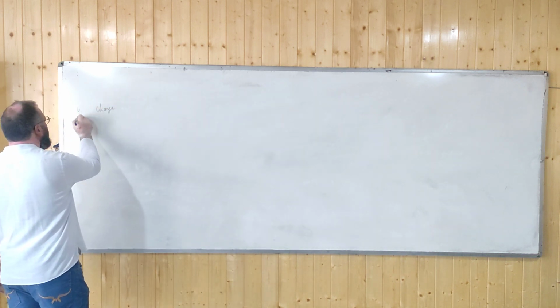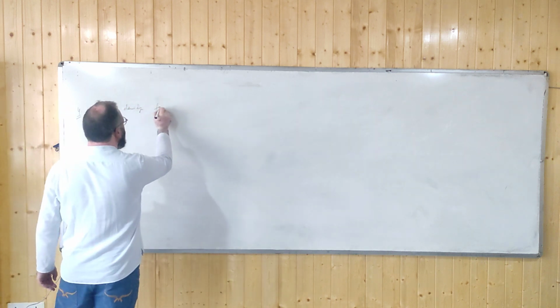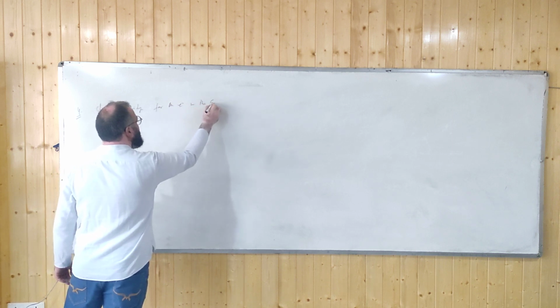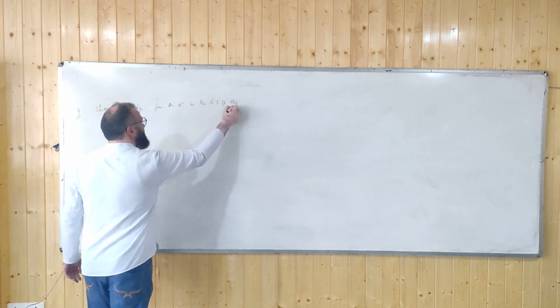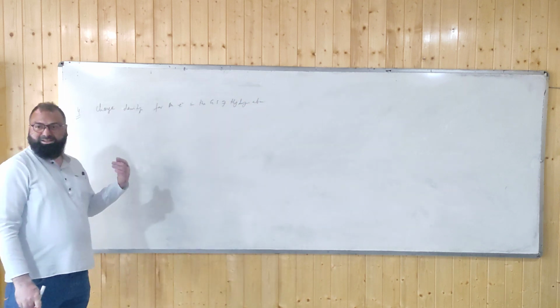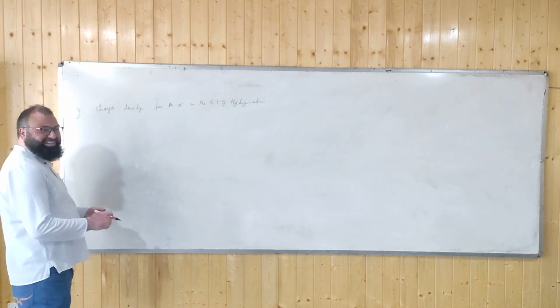So it is the fourth problem. For an electron in the ground state of hydrogen atom. These are just warm-up exercises. So you should know how to apply these things. So what is the charge density?